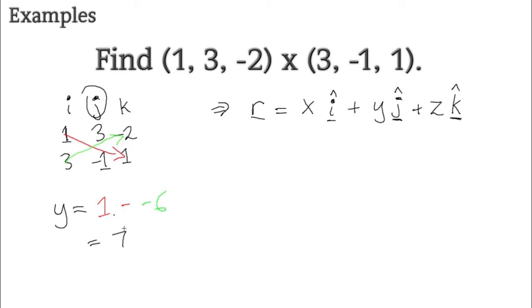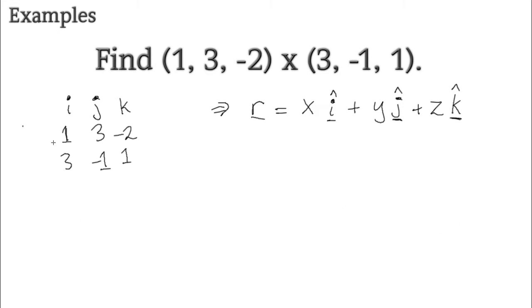This one, however, is not that straightforward, because for the j, there is actually a negative coefficient to this whole thing. Again, yes, it sounds kind of stupid, it doesn't make any sense, there seems to be no pattern whatsoever, but bear with. If you do this cross thing, you get -y, and so y has to be -7. And I know what you're thinking right now, this just doesn't make sense.